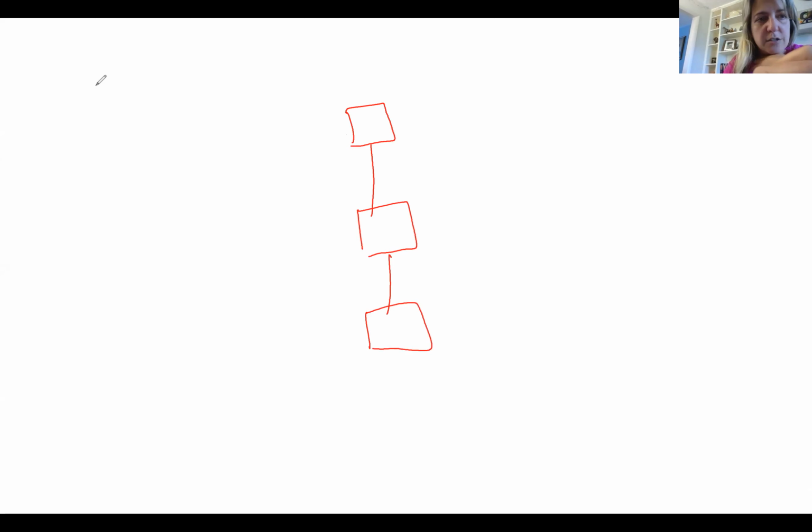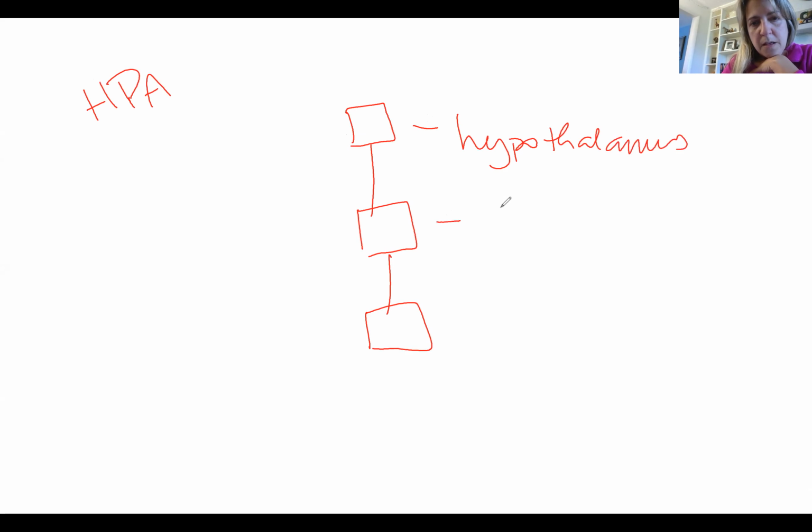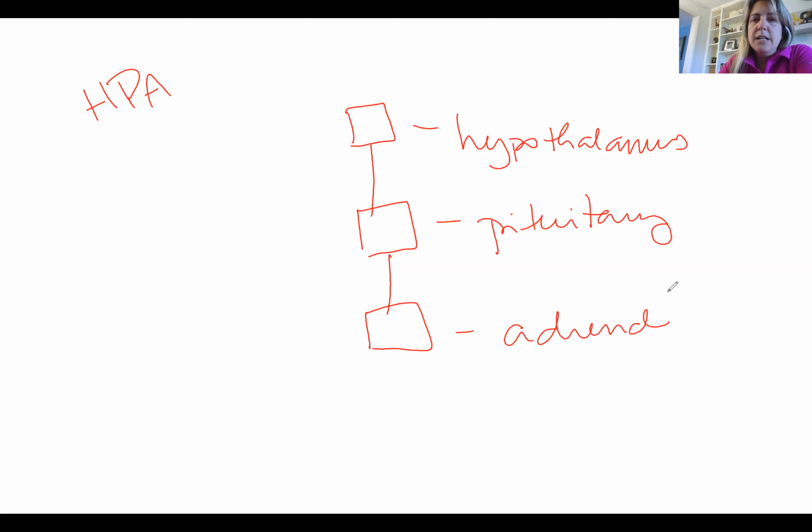So there's going to be what we call the hypothalamus, pituitary, and adrenal gland axis, HPA: hypothalamus, pituitary, and adrenal glands. The hypothalamus releases CRH.